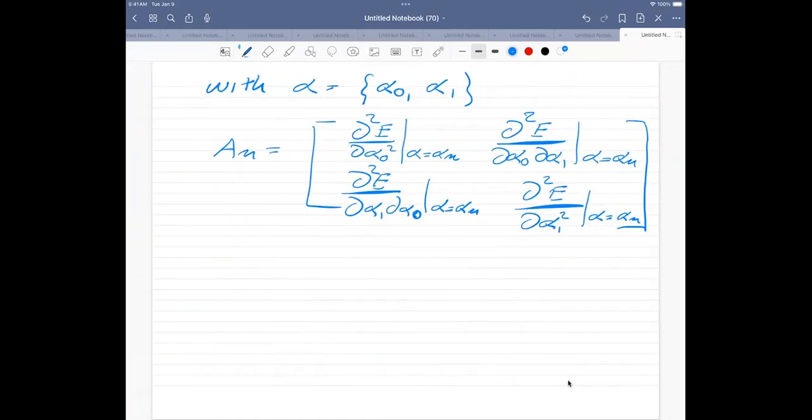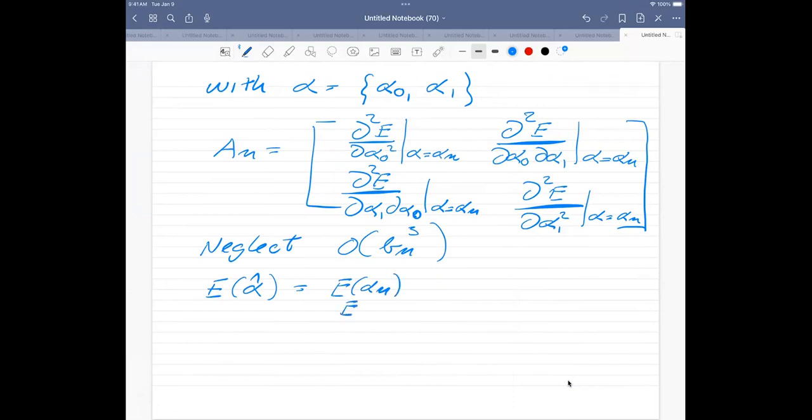What we are going to do then is assume that higher order terms can be neglected. Then this function which we are looking at, this E of alpha hat, is going to be given by this E of alpha n, which we also call E of n.